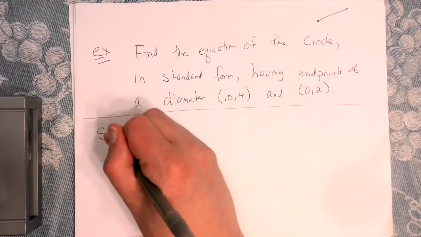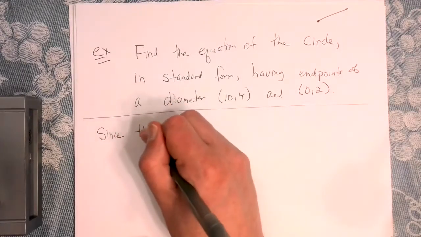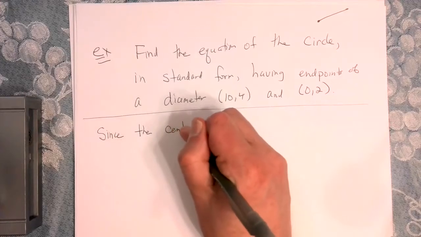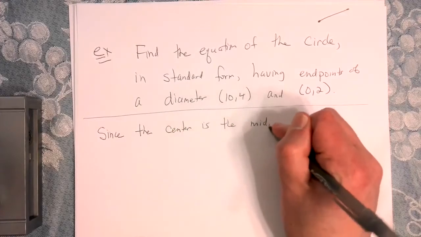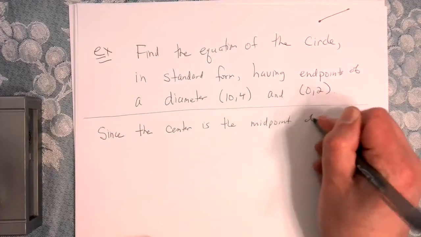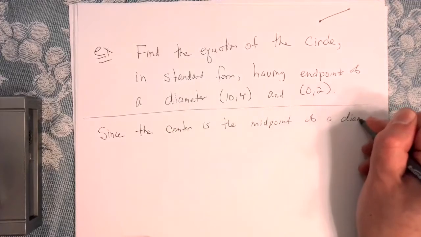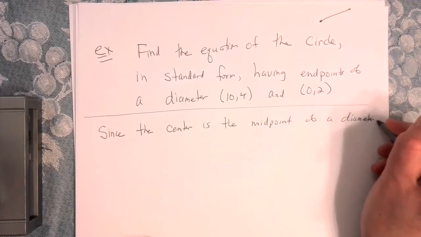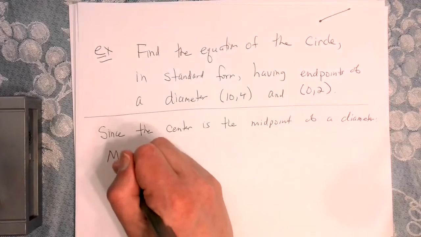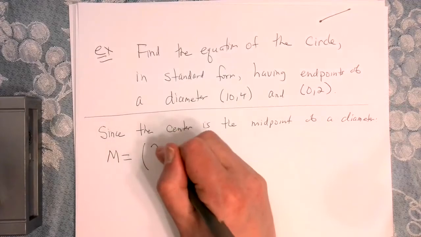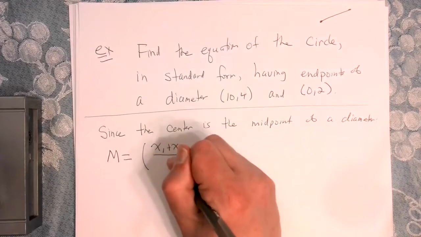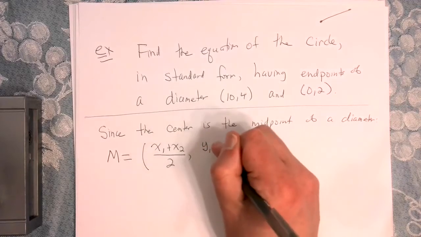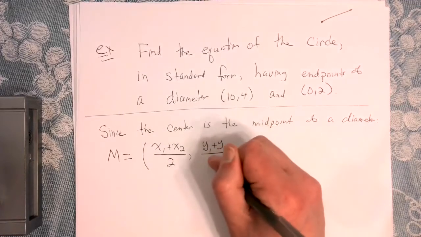So since the center is the midpoint of a diameter, to find the center, we just calculate the midpoint. How do we calculate the midpoint? Well, it's the average of the x values, comma, the average of the y values, all in an ordered pair.